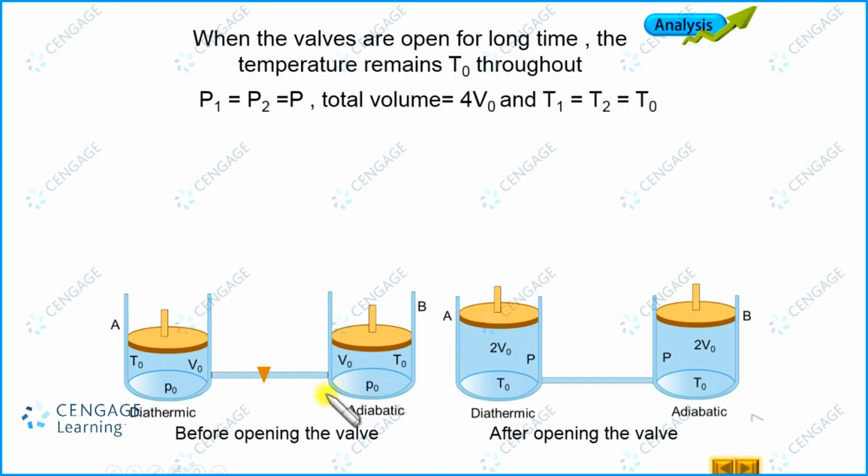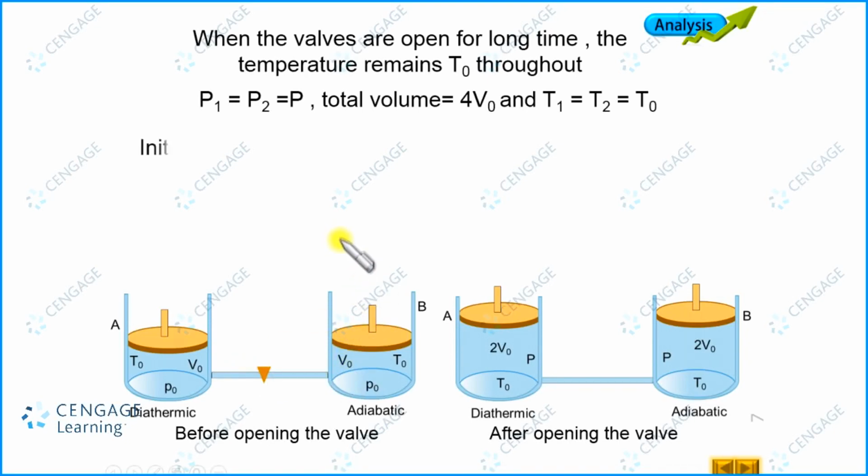Okay. Here we can say the number of moles at the initial state and final state will be the same. And the initial number of moles before opening the valve, we know this is P naught multiplied by the volume 2V naught divided by RT naught.